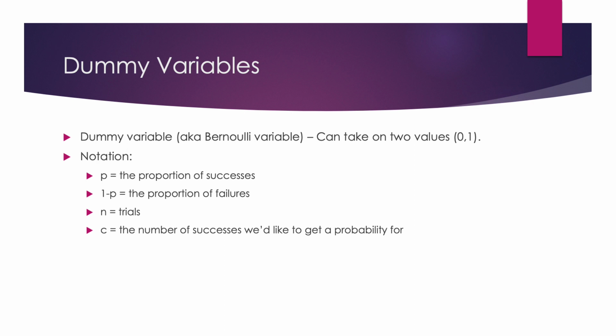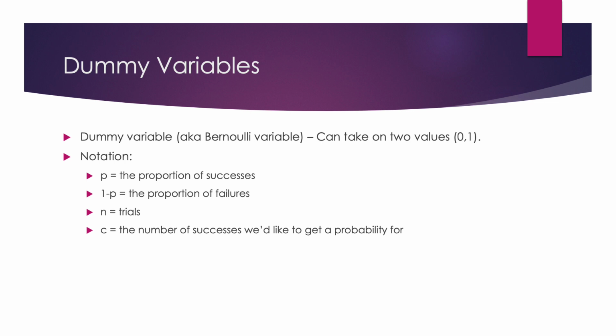A dummy variable, or a Bernoulli variable, can take on two values, 0 or 1. P is our proportion of success, 1 minus P is the proportion of failures, n is our number of trials, and c is the number of successes that we would like to get a probability for.